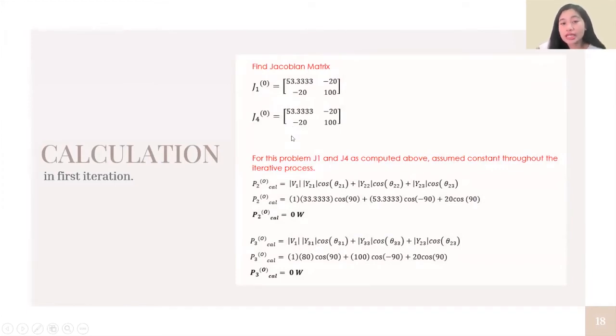Then after that, for this problem, J1 and J4 is as computed above, we have to assume constant siya all throughout our iterative process. Either first iteration, second, and so on, is that constant natin gagamitin itong matrix nito. Okay?